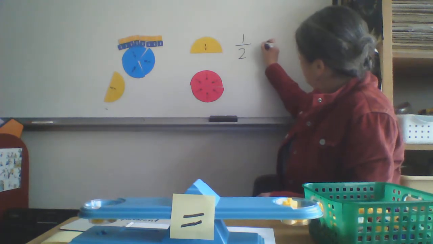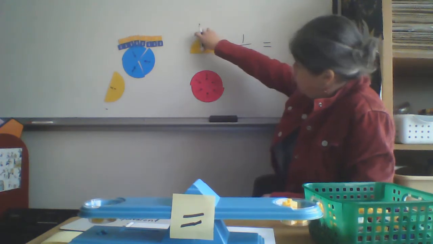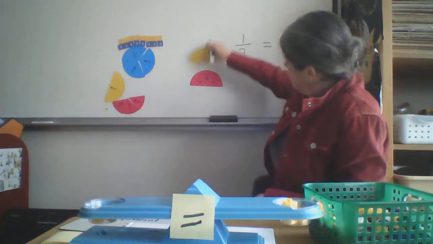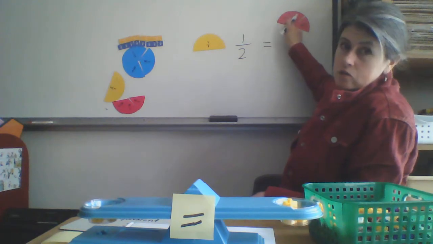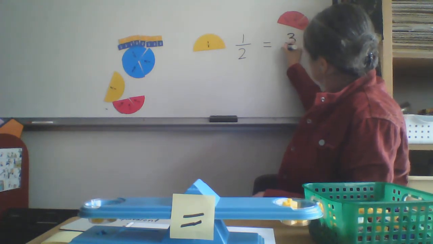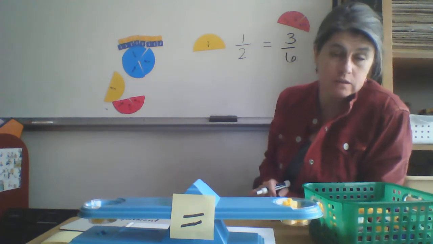I need to know what is going to be equal to 1/2 if I'm talking about 6. Well, I can go right here and see very obviously that 1/2 is going to equal 1, 2, 3, 6. I've proven it to you with pictures, but you don't always get to have pictures.